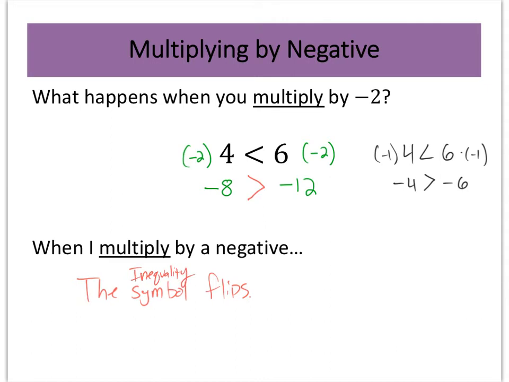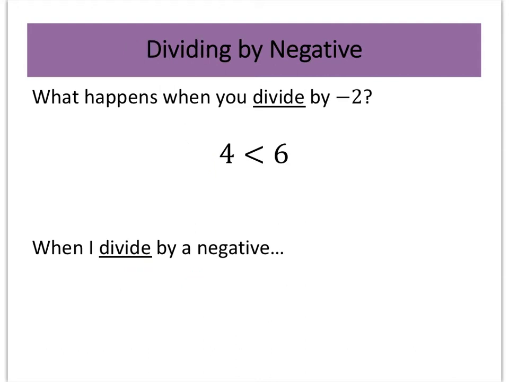All right, we're going to explore a few more operations. So we talked about what happens when it multiplies. Well, what happens when I'm dividing by negative 2? We can do the same exercise again: 4 divided by negative 2, and what we do to one side, we have to do to the other side of the inequality. So 4 divided by negative 2 is negative 2, and 6 divided by negative 2 is negative 3.